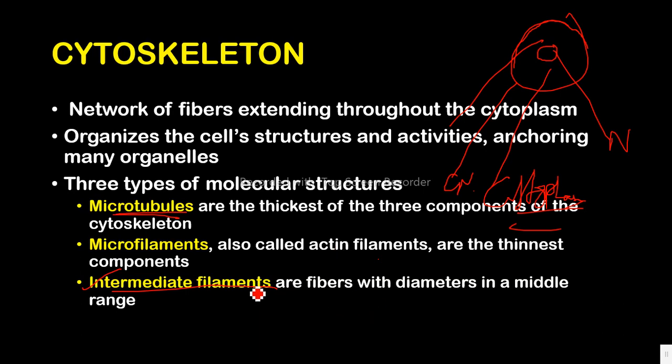Then you have intermediate filaments or intermediate fibers. Now for these ones, they are in between these two, basing on their diameters. They are not microfilaments, neither are they the microtubules. But they are intermediate. So the name, intermediate filaments.